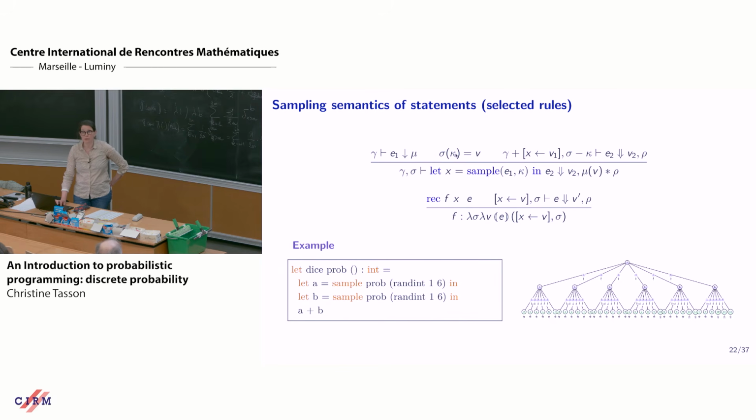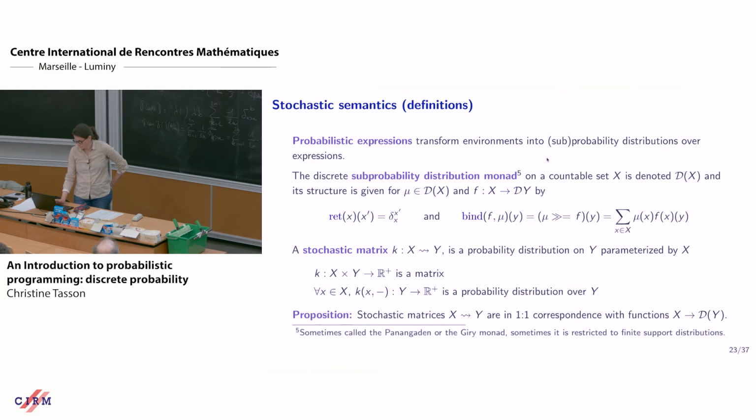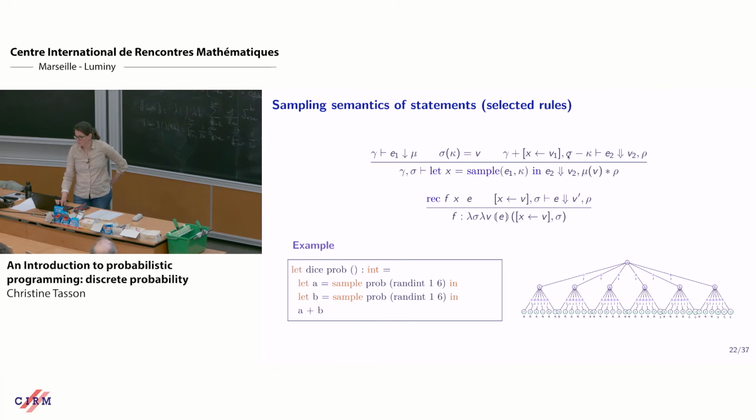Then I look in my sampling trace for the value associated to the key K, which is V. Now, if I evaluate E2 in gamma augmented with X taking the value V, with the sampling trace, then I get value v2 and rho.